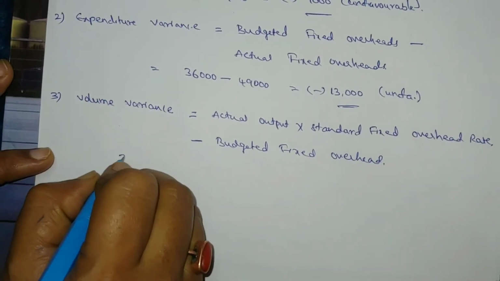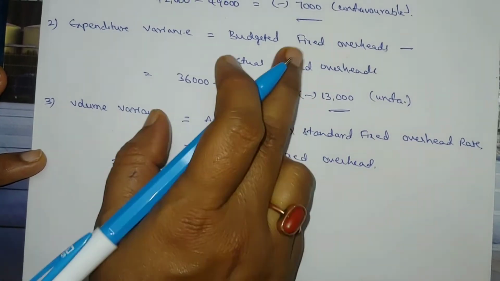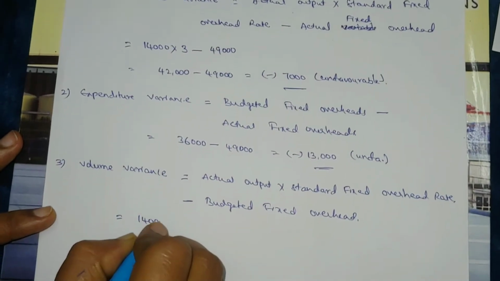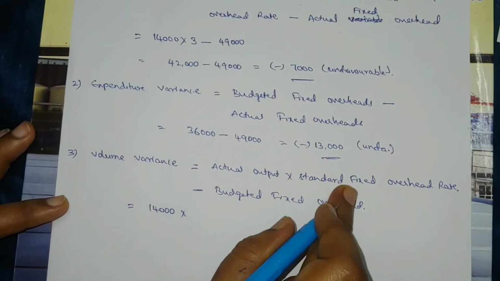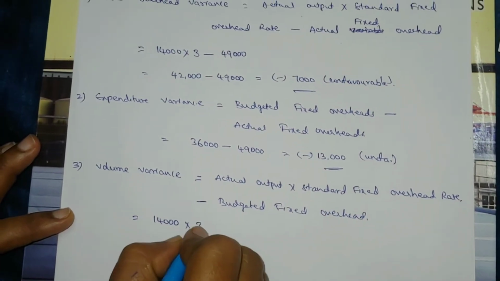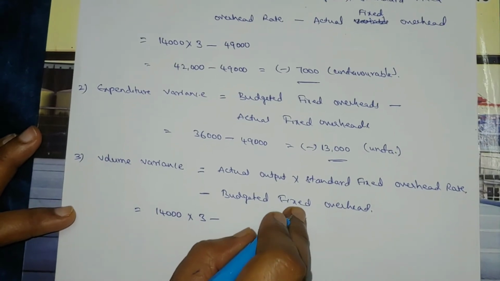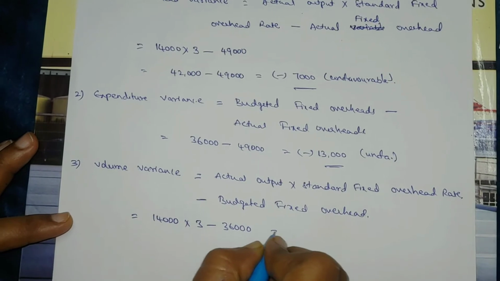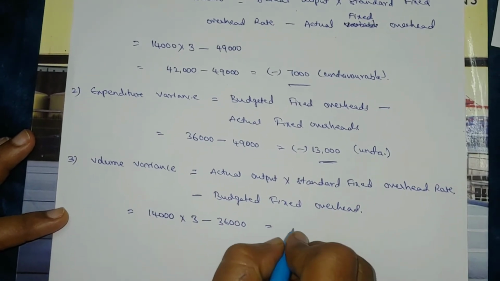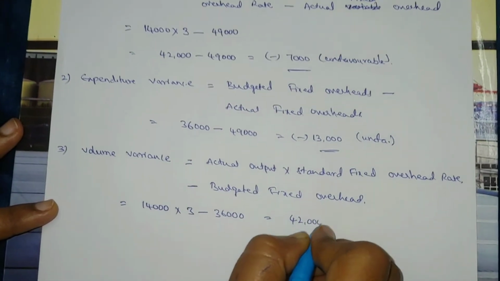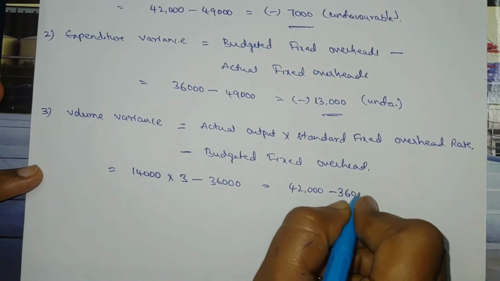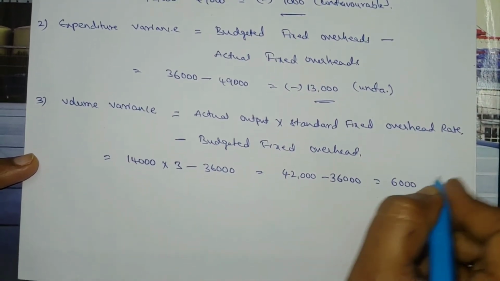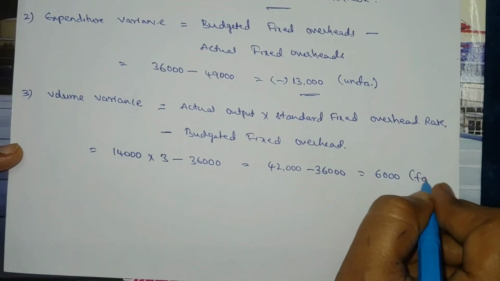In this, actual output is equal to 14,000 into standard fixed overhead rate is equal to 3 rupees minus budgeted fixed overhead is equal to 36,000, is equal to 14,000 into 3 is equal to 42,000 minus 36,000 equal to 6,000. It is favorable.